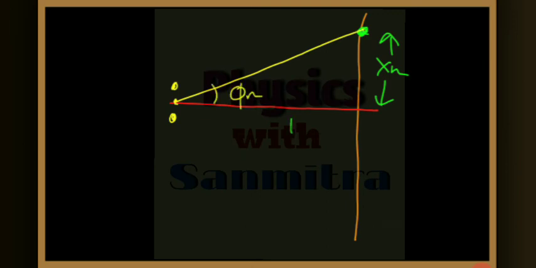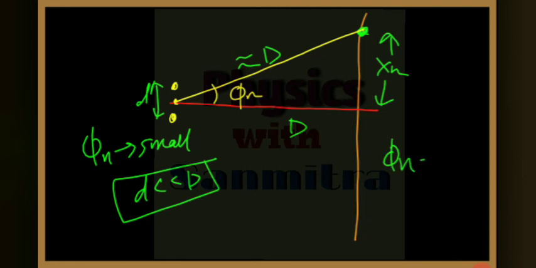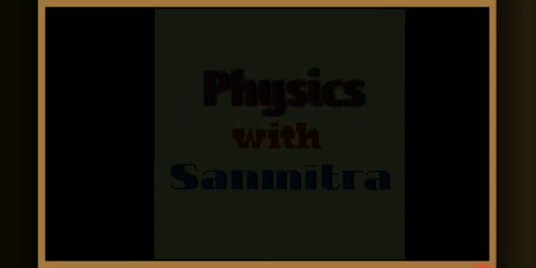Now see, this distance is d, and this distance also will be equal to d approximately, because this phi n is very small. I have already assumed at the start that small d is less than capital D. Now for phi n, I can write phi n in radian, that is xn by D. So we have to find xn for both. That is my strategy.